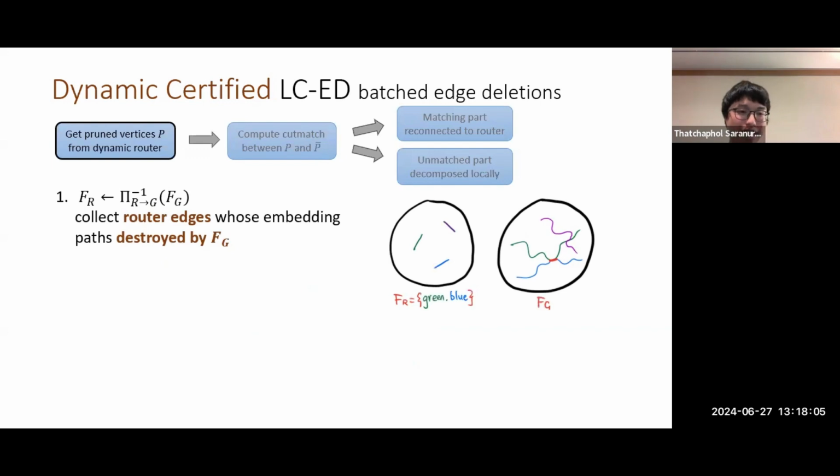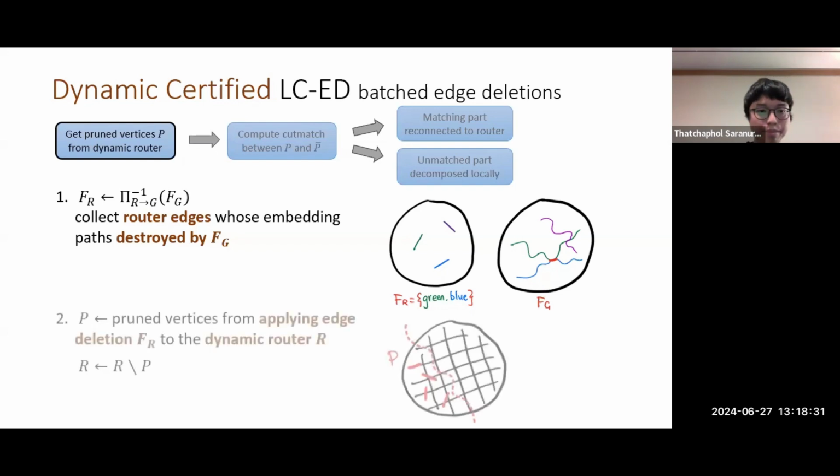The edge deletions on the router are like this: if we delete some red edges in the original graph, on the right-hand side of these figures, this will destroy some embedding paths of some router edges. In this example, we delete the embedding paths of the green and blue edges, so the deleted router edges are green and blue.